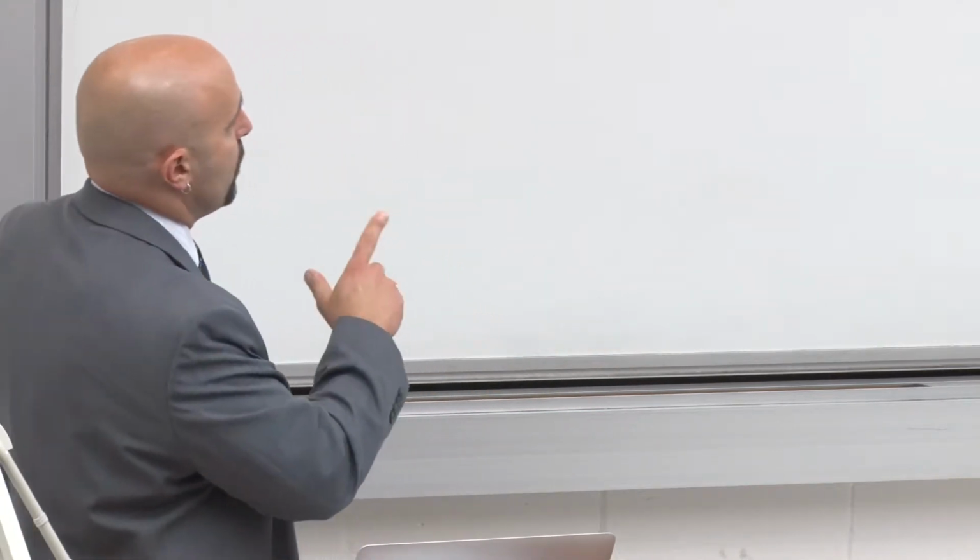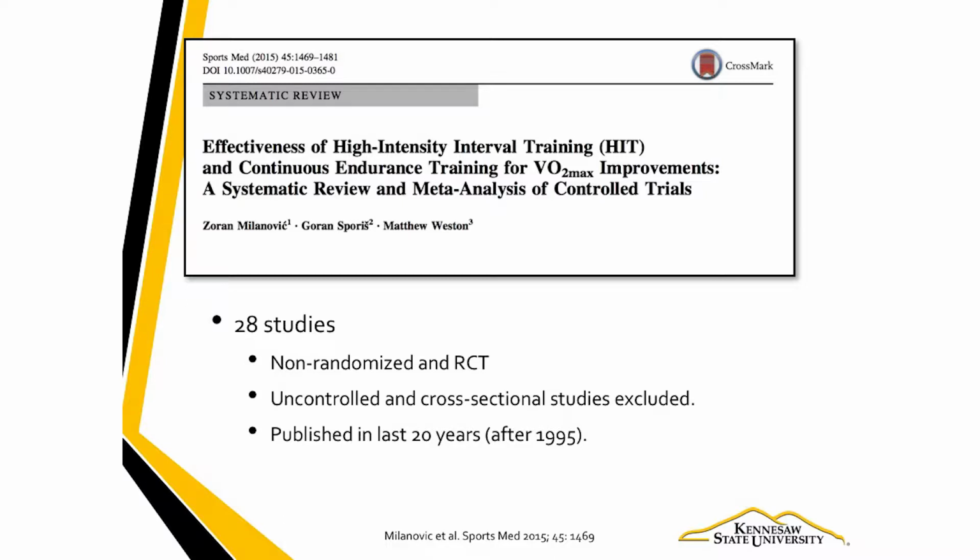So if we continue through the time period, this is another study from 2015, a little bit closer to where we are today, and it looked at improvements in VO2 max. You guys are all familiar with VO2 max. You understand the chronic adaptations that occur with exercise and how it changes maximal oxygen consumption.